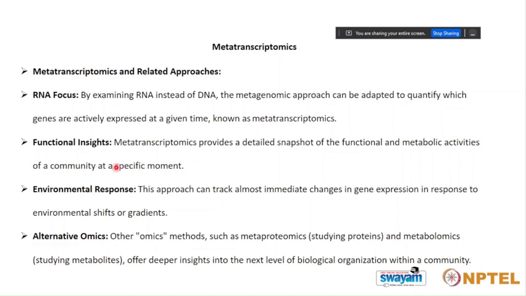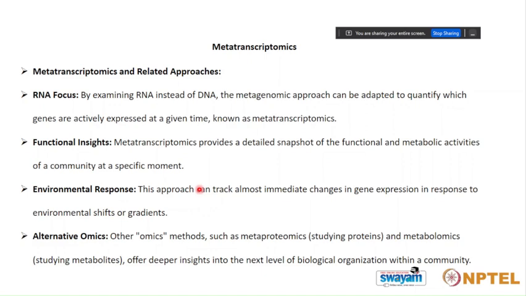So we can also identify the environmental response of a particular microbial community. So say if you are changing the microbial environment, and with respect to the change in environment, the metabolism of microbes will also change due to the interaction of abiotic factors with the organisms. So with the help of metatranscriptomics, we can analyze those changes.